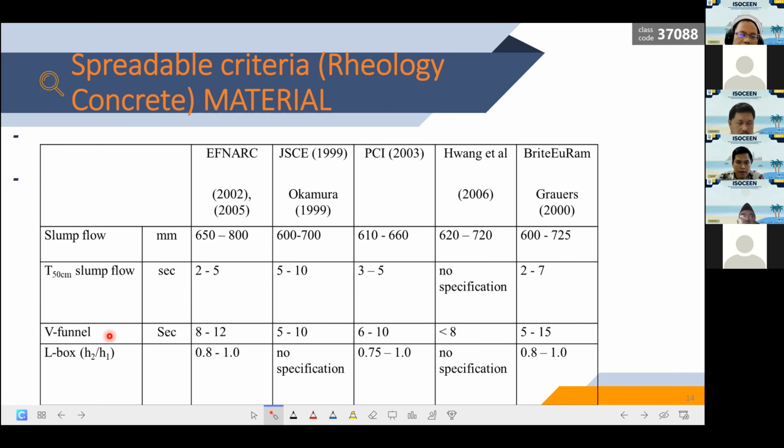And for the V funnel, we can see that the funnel test time is in the range 8 to 12 seconds for the European standard. This is for the Japanese standard. The last one is about the L-box. This is from the European standard.